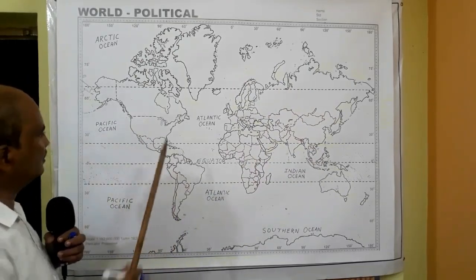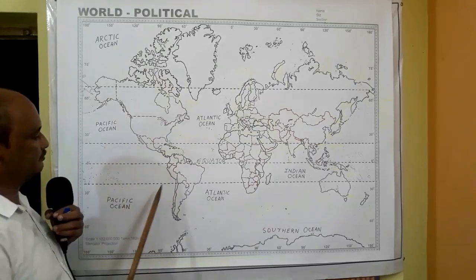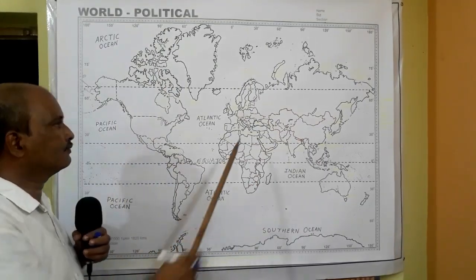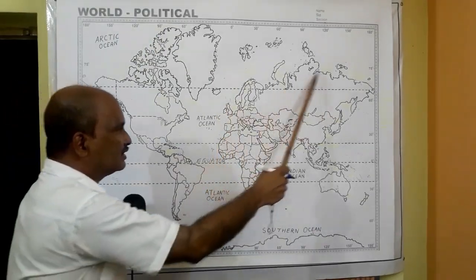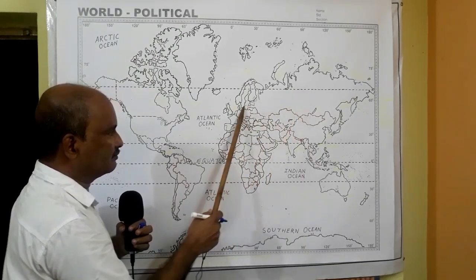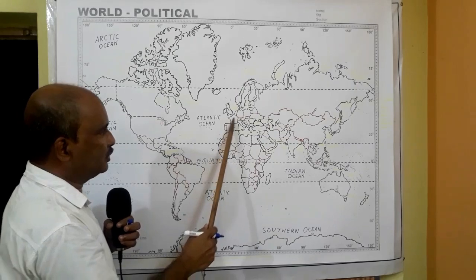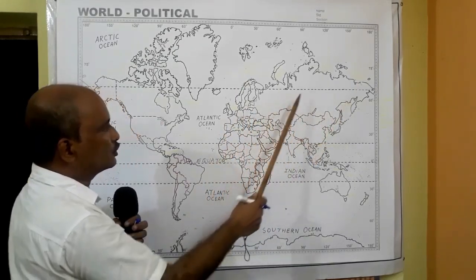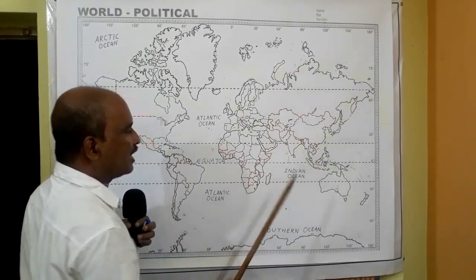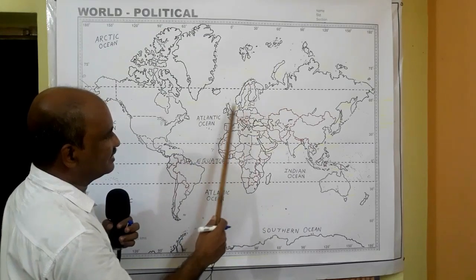They are the North America, this is South America, and this is the Eurasia part, because the 2 continents are not split or divided, so that is a huge landmass. Towards the eastern side is Asia, whereas on the western side it is Europe.